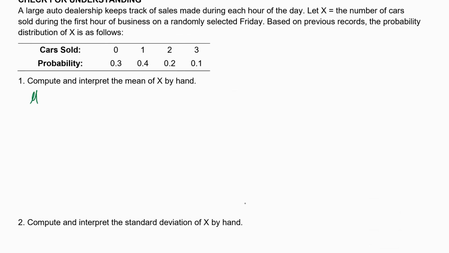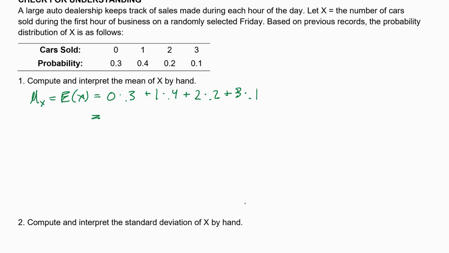So the mean of X, or the expected value of X, is equal to data value multiplied by probability plus a data value multiplied by probability plus a data value multiplied by probability plus data value multiplied by probability.